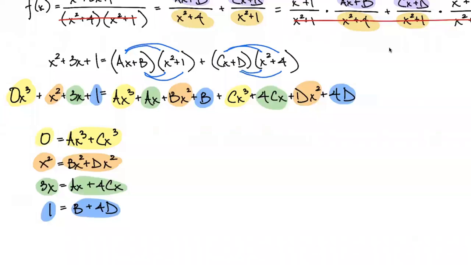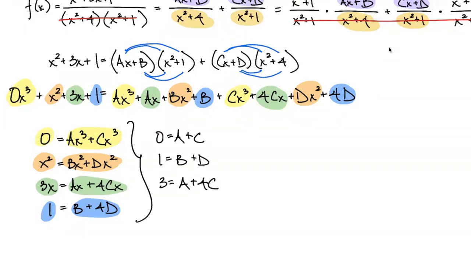Well, we can streamline this set of equations. We can write this as 0 equals a plus c, 1 equals b plus d, 3 equals a plus 4c, and 1 equals b plus 4d.